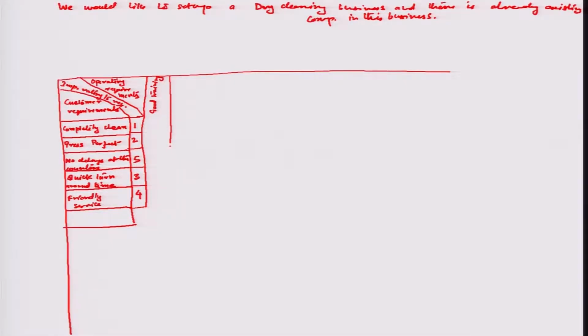Okay, so let's look at some of the other requirements. One of the requirements could be related to relatively clean dry cleaning solvent. So whatever soap solution or other solvents we are using for the dry cleaning should be relatively clean. They should have a high degree of cleanliness, because otherwise they will stain the clothes, and then the requirement of completely clean may not be met because of such unclean solvents, which may occasionally be used if we are not careful.